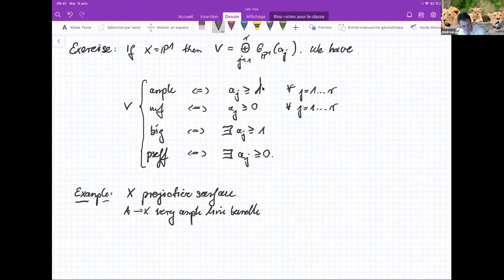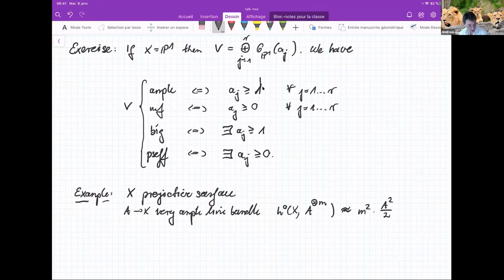So basically, if m is high enough, this is going to be given more or less by m squared times A squared over 2. Okay, so you have this. You're ample, so you know that the space of global sections grows with order m squared since you're on a surface, and the coefficient which tells you how fast you grow, that's exactly the self-intersection A squared over 2.